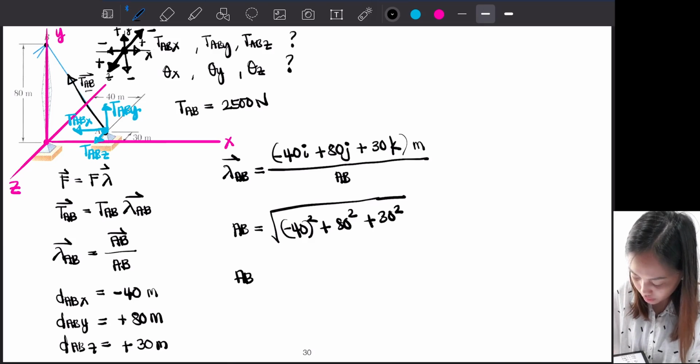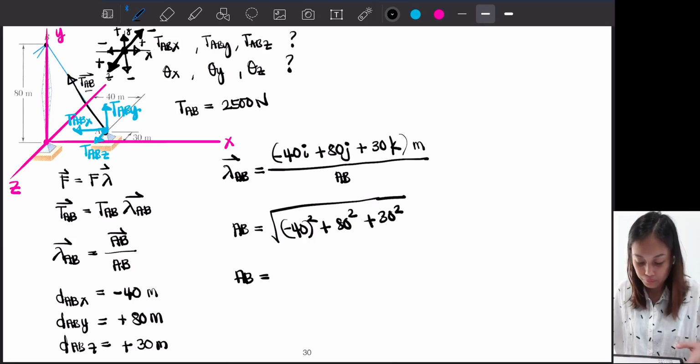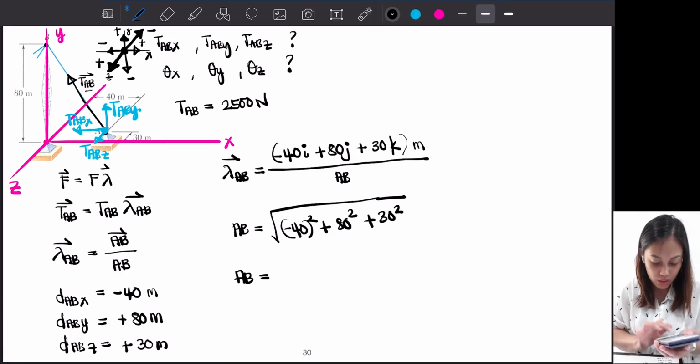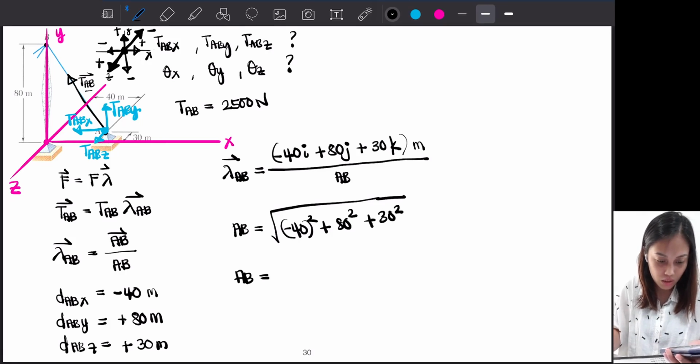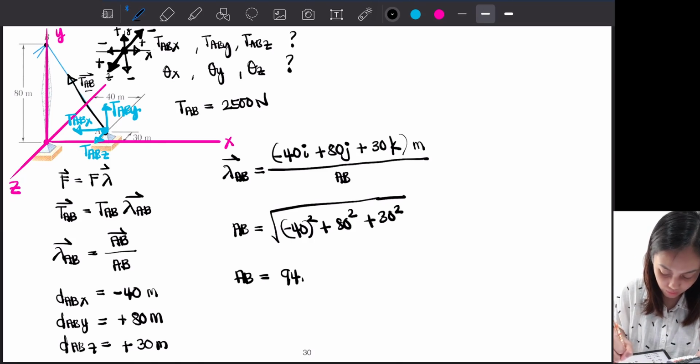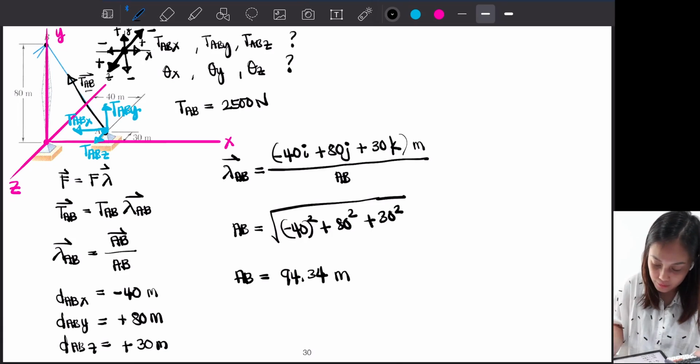So AB is equal to the square root of 40 squared, 80 squared, 30 squared, which is the square root of 8900, or 94.3398, or 94.34 meters.